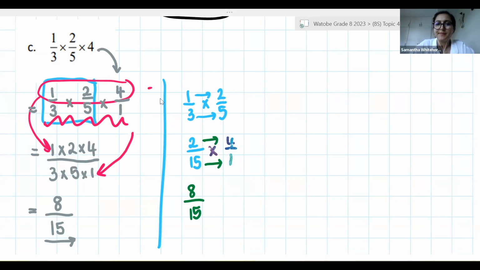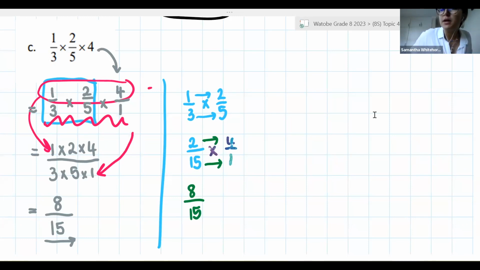Thank you, ma'am. All right, Takalani, question? Ma'am, I wanted to ask, when we are multiplying fractions, we don't have to make the denominators the same? No, good question.